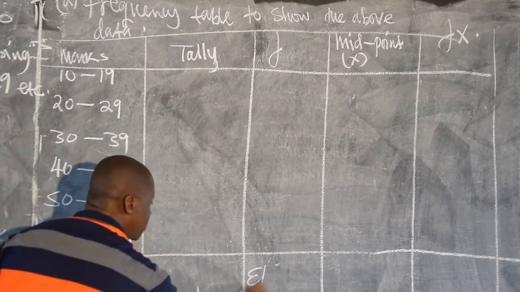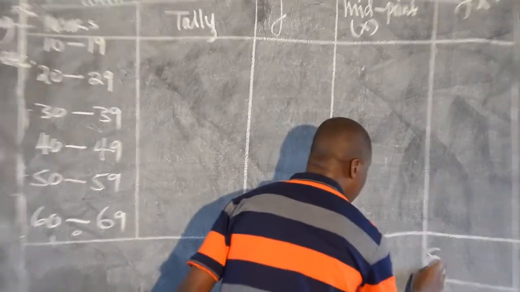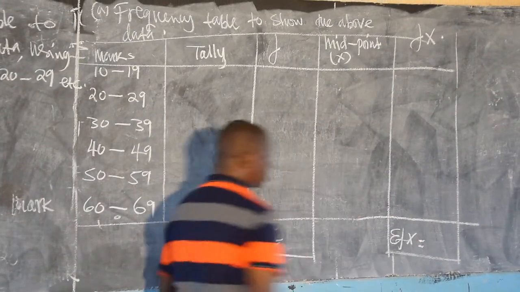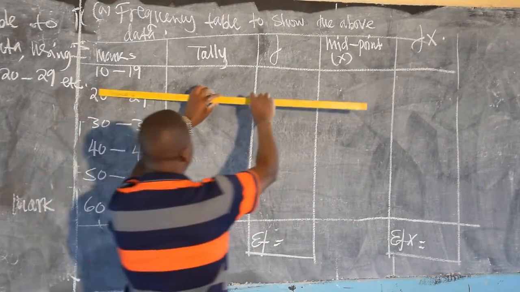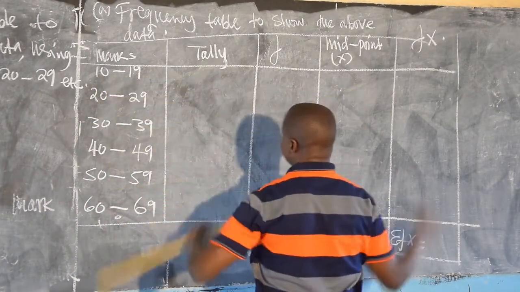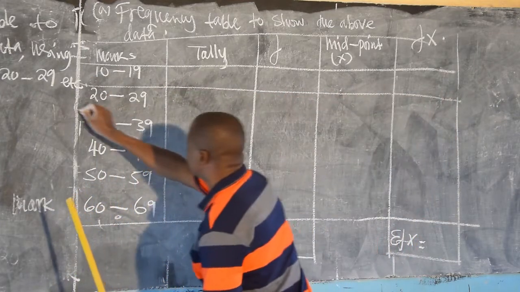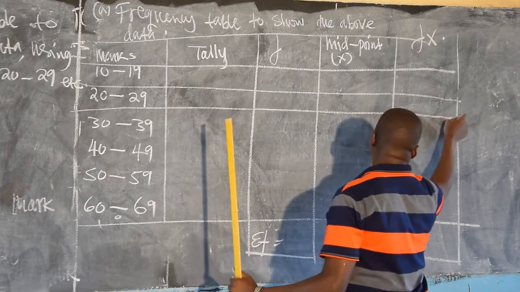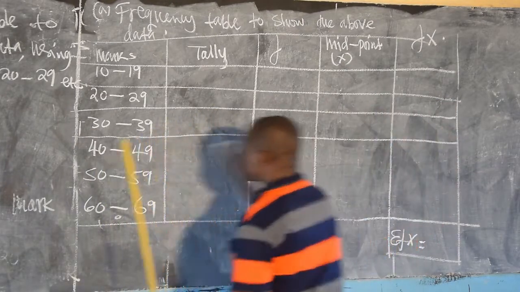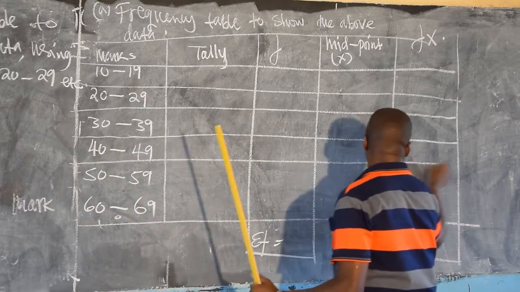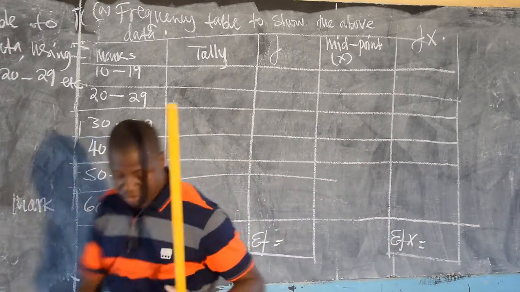This is supposed to be summation F, whereas this is summation Fx. Put a ruler, you do in this arrangement. You have lines within your book. You can follow those lines.